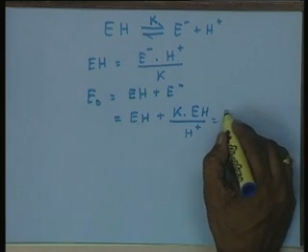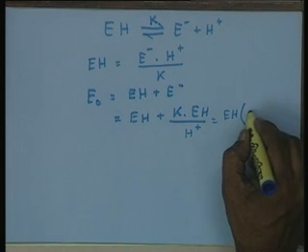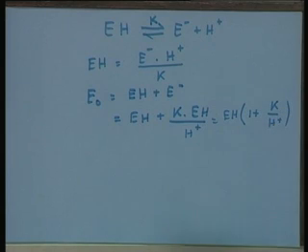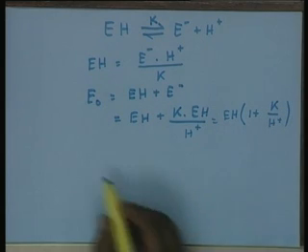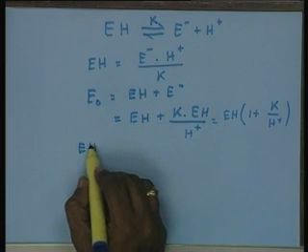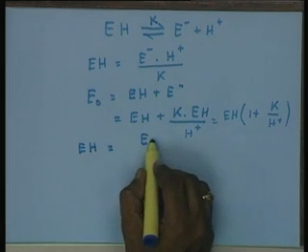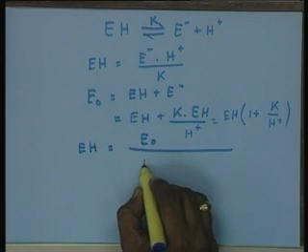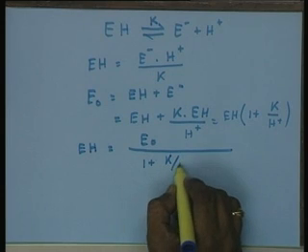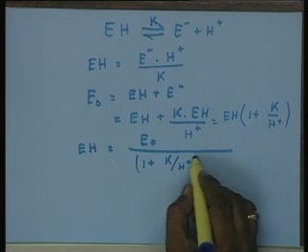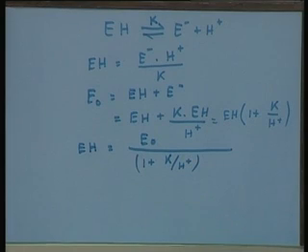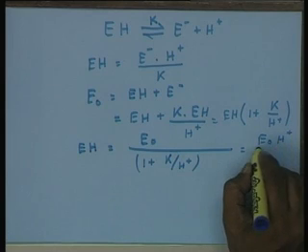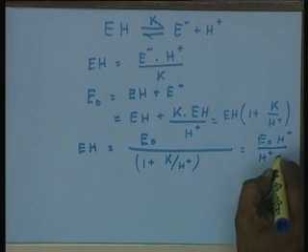Again, you can take EH as a common factor, giving 1 plus K upon H plus. Therefore the EH concentration will be E naught upon 1 plus K upon H plus, or in other words, you can simplify it as E naught into H plus upon H plus K.